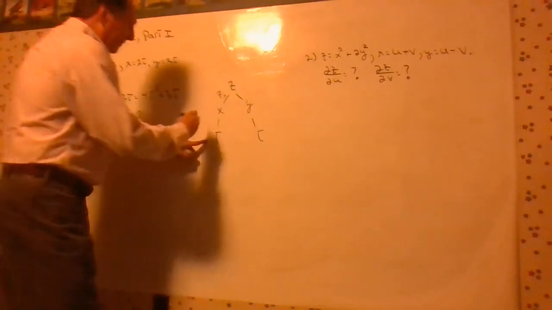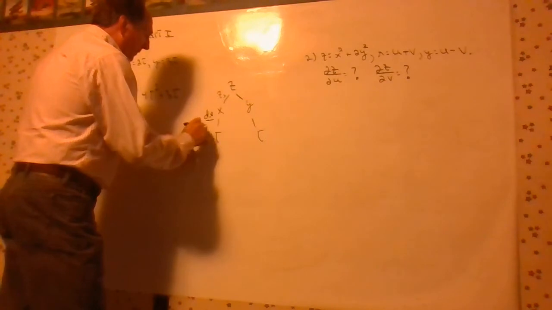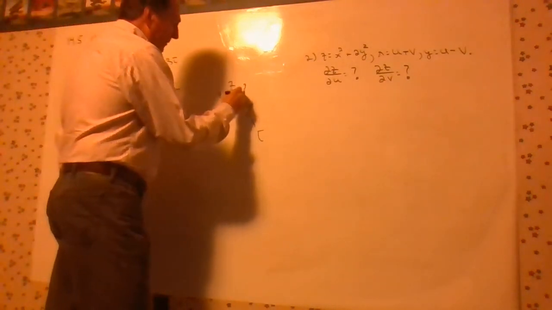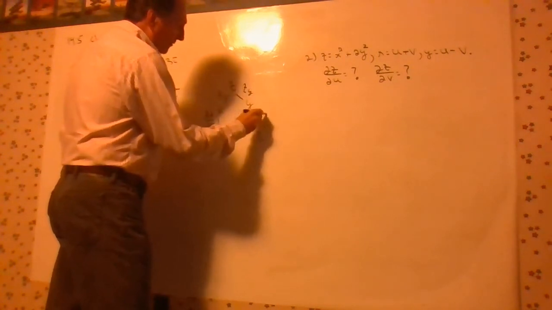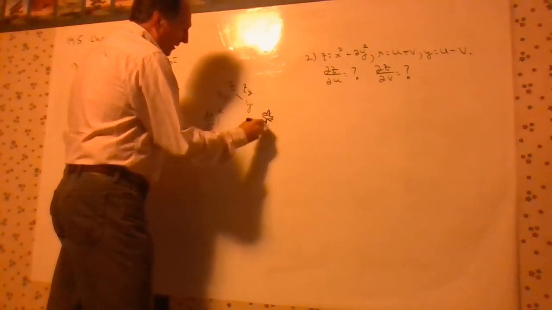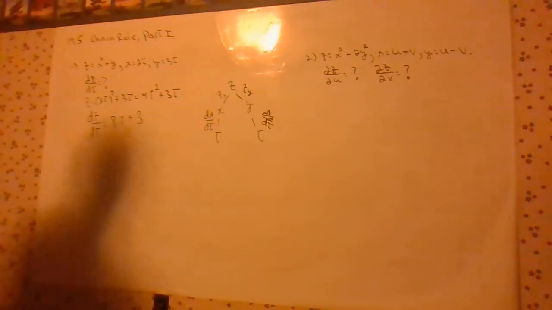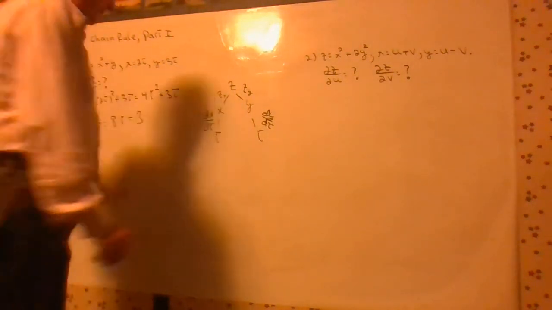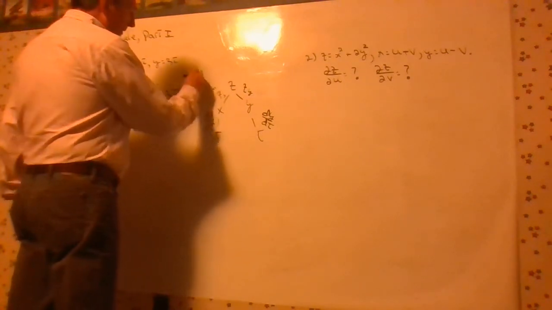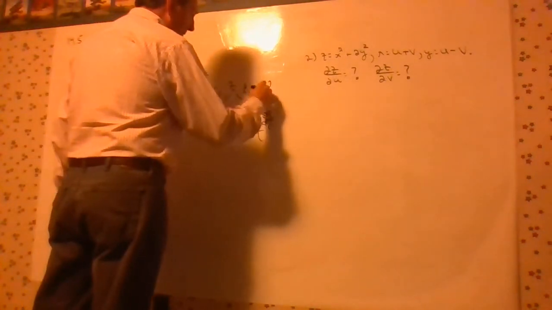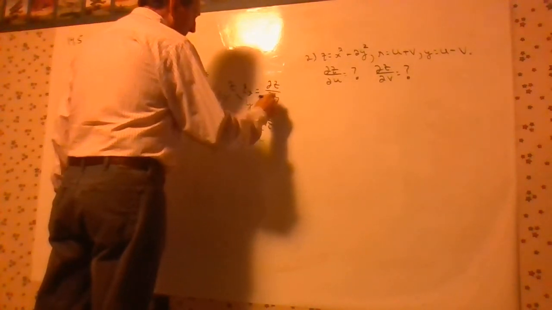This partial derivative is dx/dt. And this one is partial of z with respect to y, and this is dy/dt. We don't call this a partial derivative, dy/dt, because y is only a function of one variable. But you can call this partial of z with respect to x if you want, and this of course would be partial of z with respect to y.